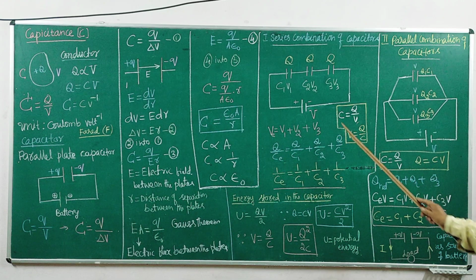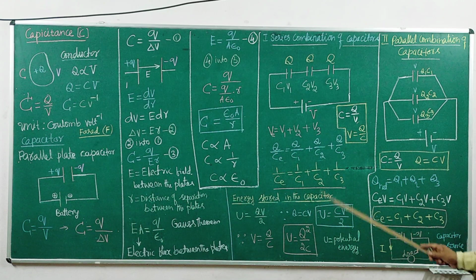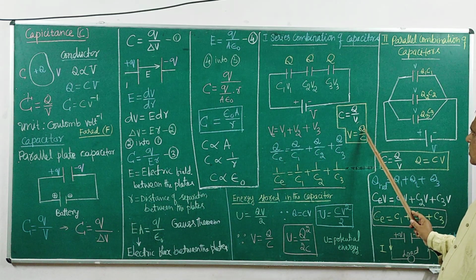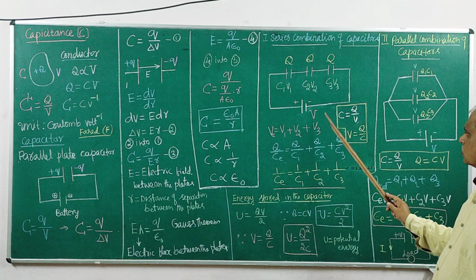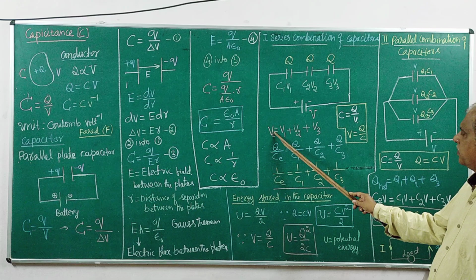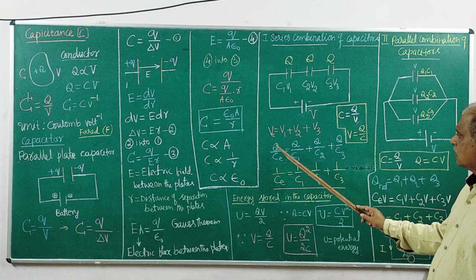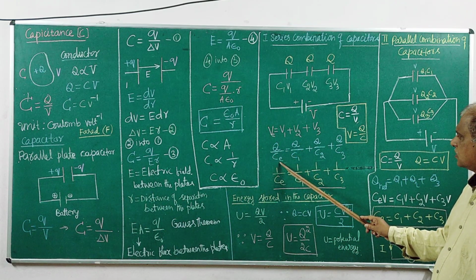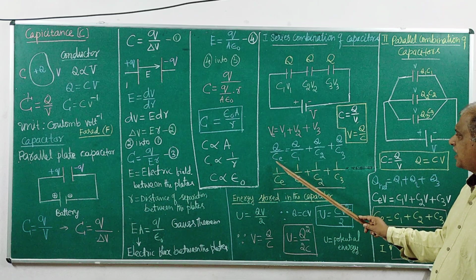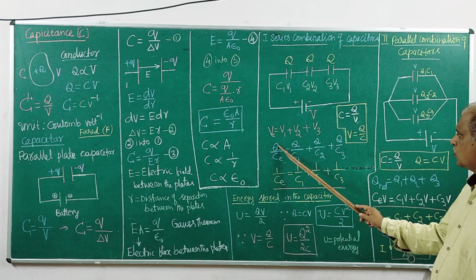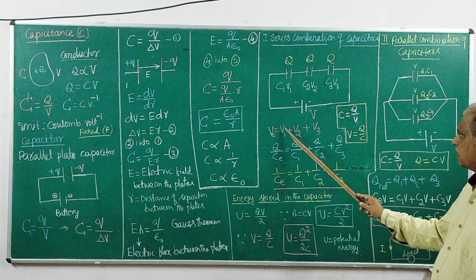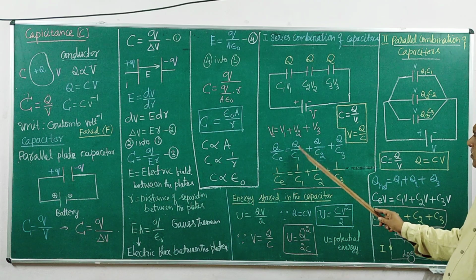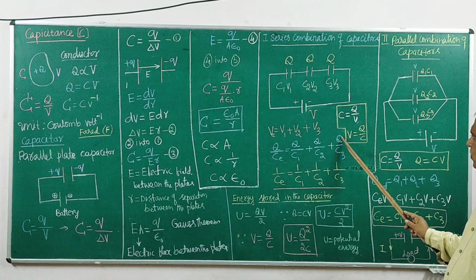With this summation, let us arrive at the final equation. Using the definition C is equal to Q by V, write V in terms of Q and C. The net potential V is Q by C, where C is the net capacitance and the total charge remains the same. V1 is Q by C1, V2 is Q by C2, V3 is Q by C3.